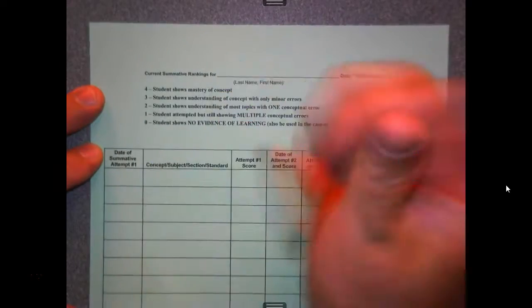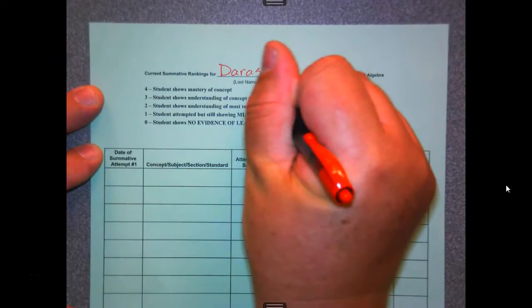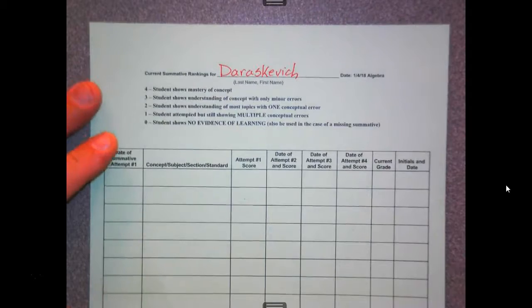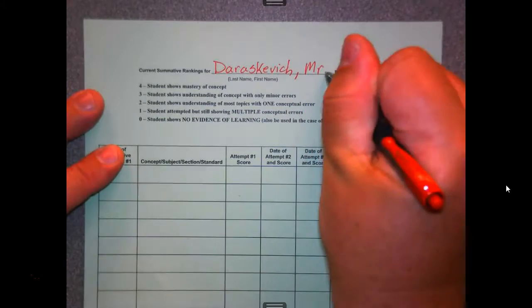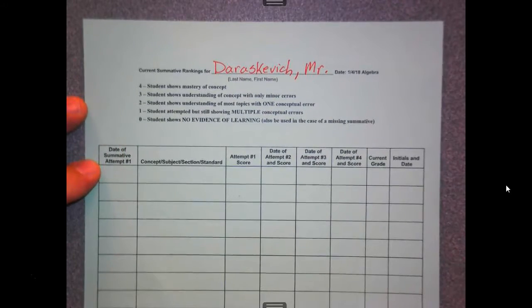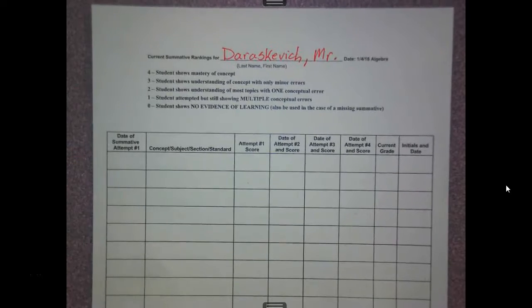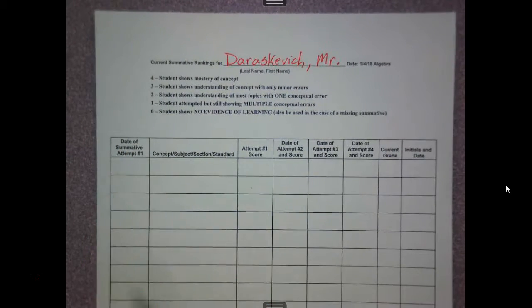First thing you're going to do, put your last name first, in case you have me keep these, I keep them in order. Then first name. Now it says here date of summative attempt number 1.